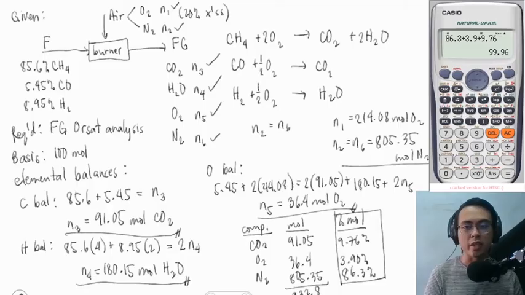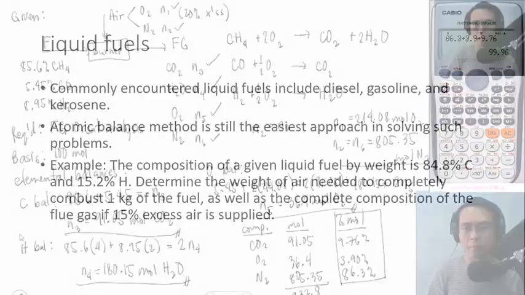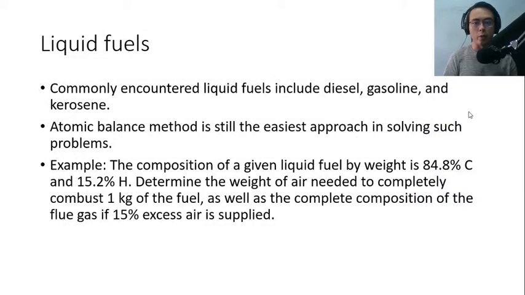So it's basically the same process as our previous lesson. Next, we have the liquid fuels. Commonly encountered liquid fuels include diesel, gasoline, and kerosene. As with the material balance involving gaseous fuels, when you're encountering liquid fuels, the atomic balance method is still the easiest approach.